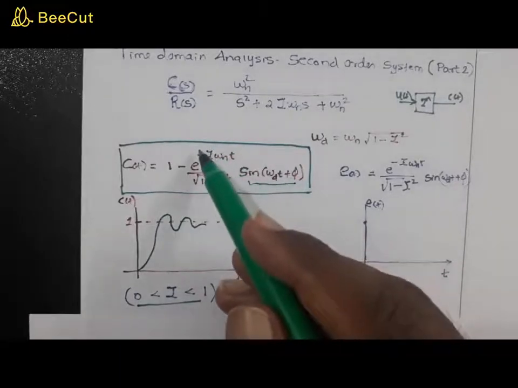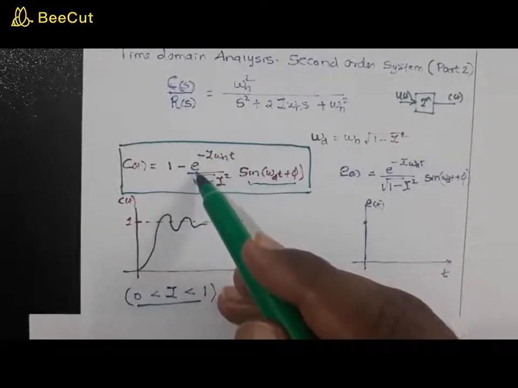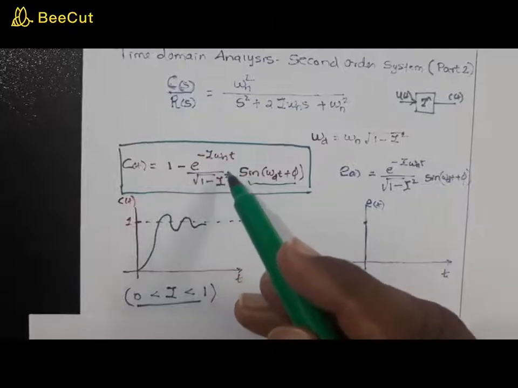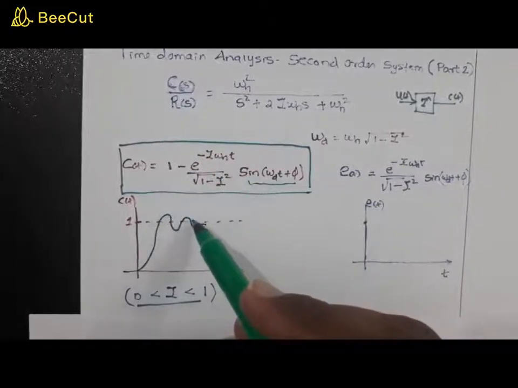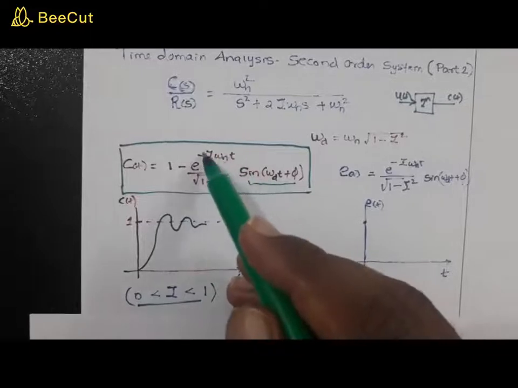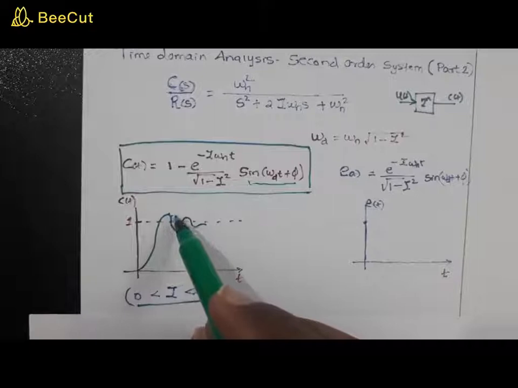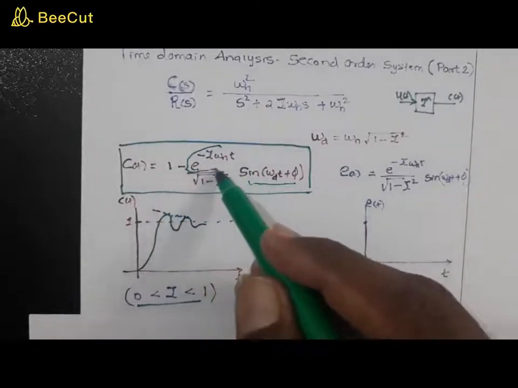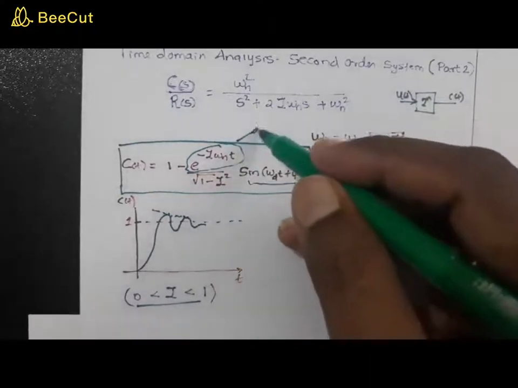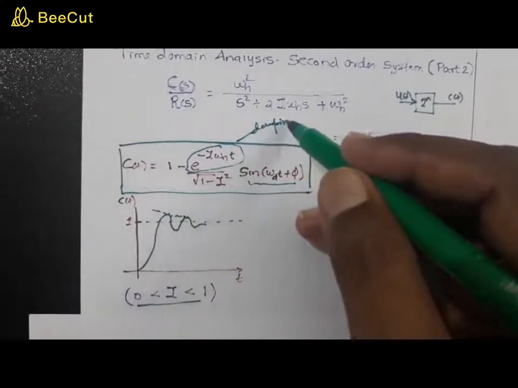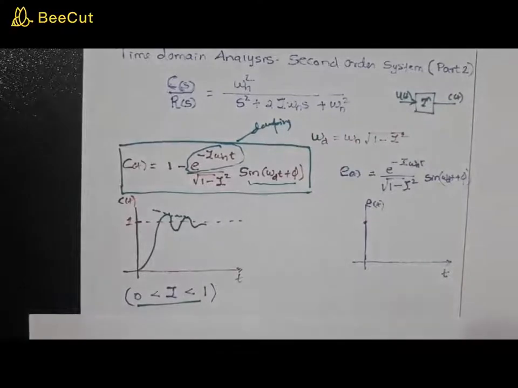But as time increases, the exponential function will also determine the amplitude of the sine wave, and this exponential is a decaying exponential, which means that as time progresses, the oscillation also decreases. So this parameter aids the damping process, and this will ensure that the response settles. This is the case when zeta is in between 0 and 1.